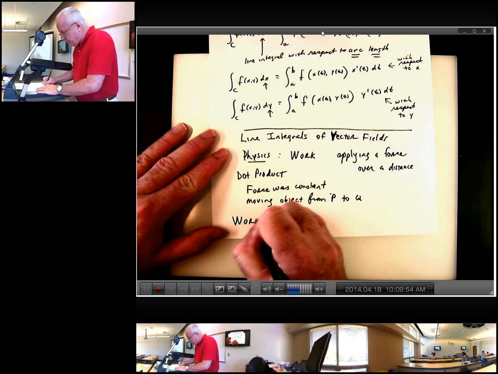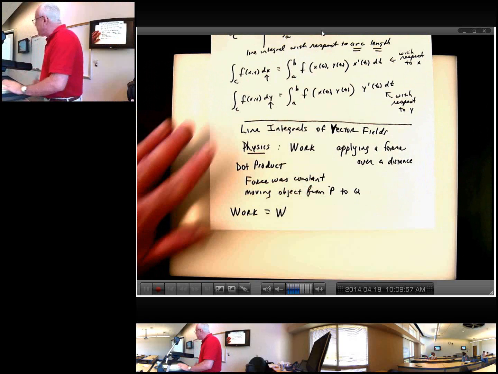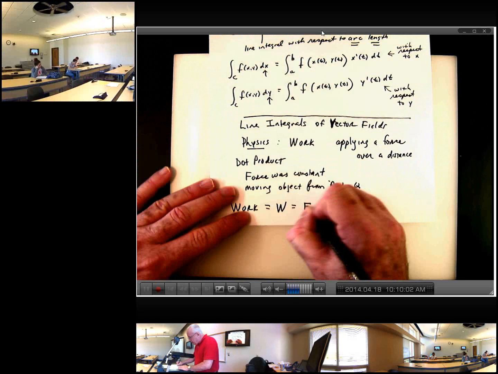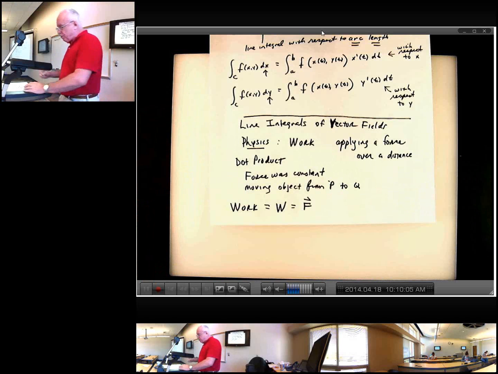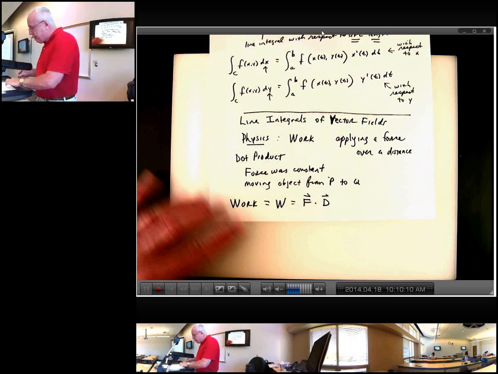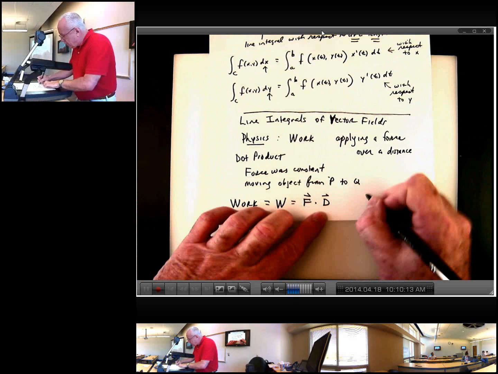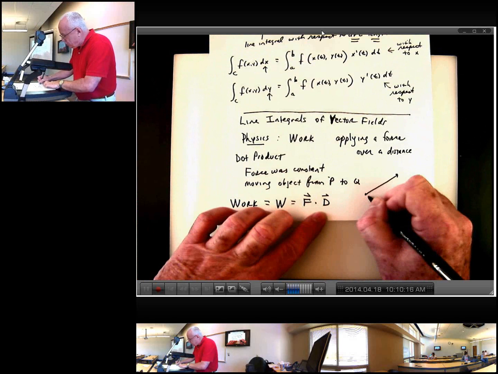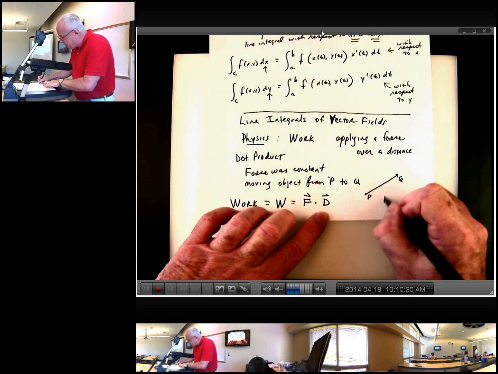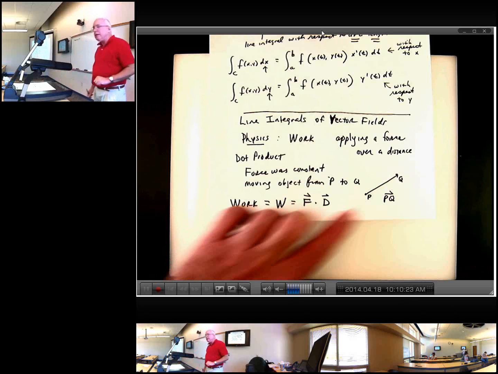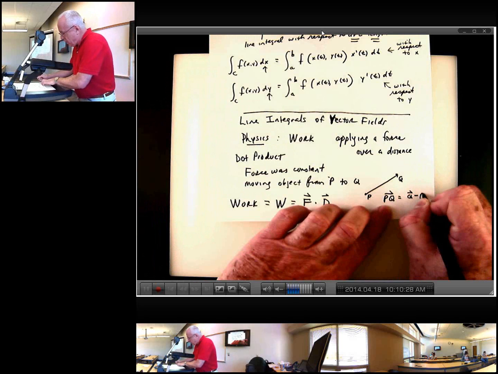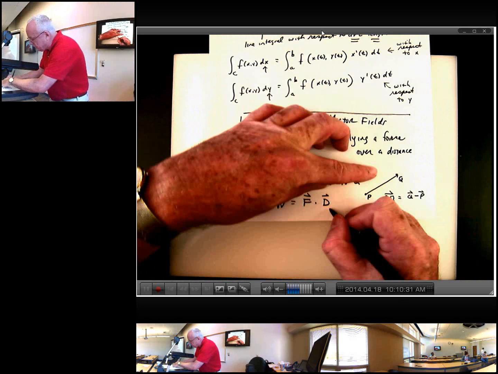The work, usually denoted with a capital W, was the dot product of the force vector dot the distance vector, which is the displacement vector. If we're going from P to Q, the displacement vector is Q minus P. That is what the D was.